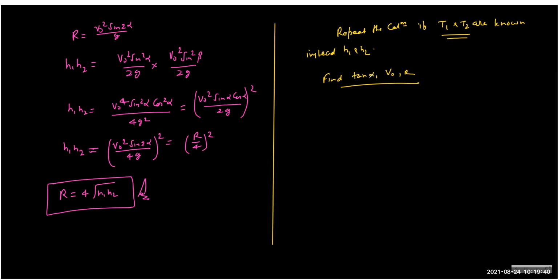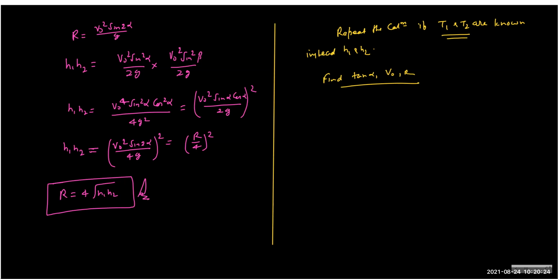So tan alpha is T1 upon T2. Yeah, right, very good. Sir, R equals T1 T2 by 4.